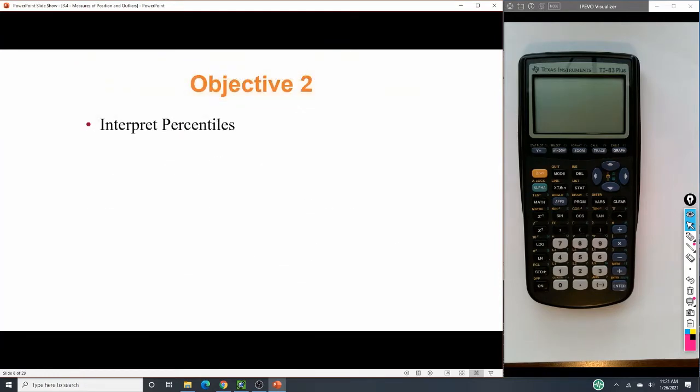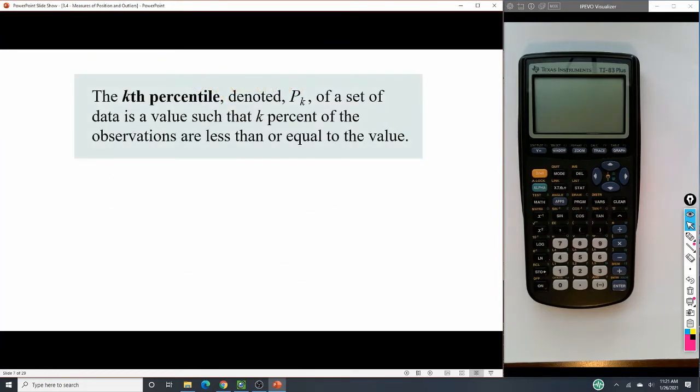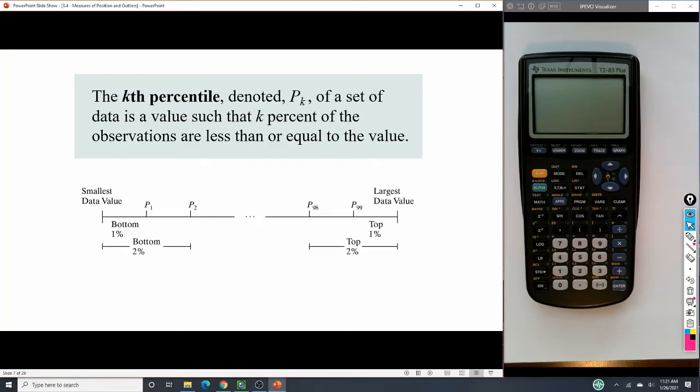All right, the next piece is looking at percentiles. So the kth percentile, denoted here by P sub k, is the set of data values such that k% of the observations are less than or equal to that value, right? Now we hear a lot of this more in like children.